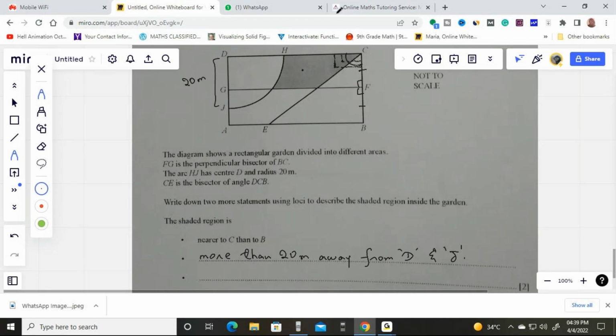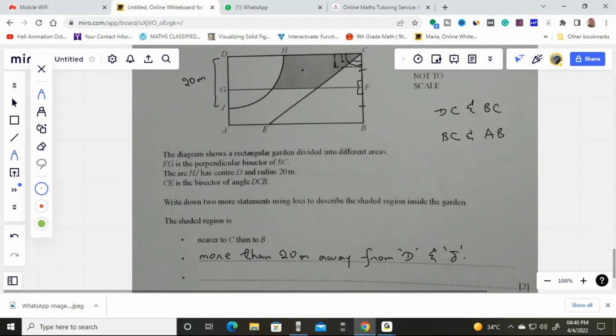Okay, fine. That's understood. I can use DC and BC combinations too. So you can use the DC and BC line combination in your statement as well, and DC and AB line combination as well. Okay. So if you pick up the DC and BC line combination, then you are going to write that the points on the shaded region are nearer to DC and far away from BC.